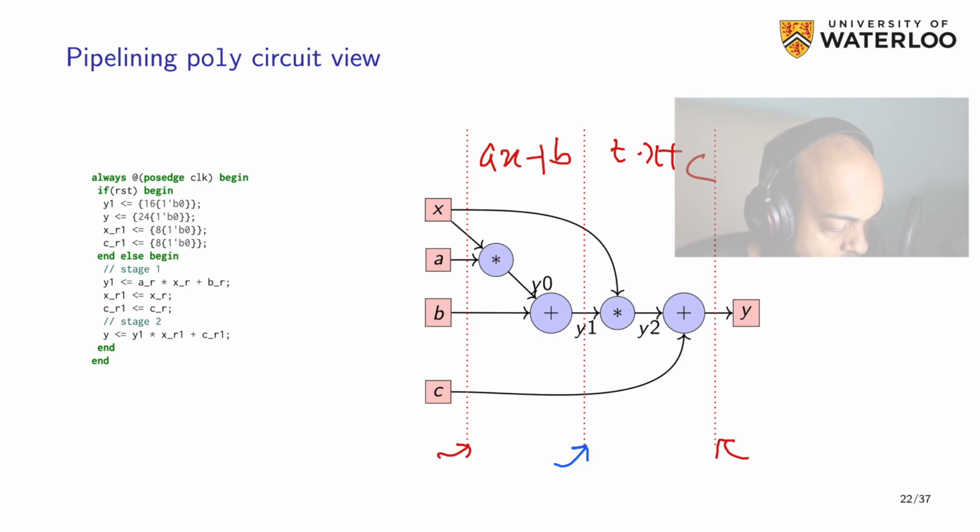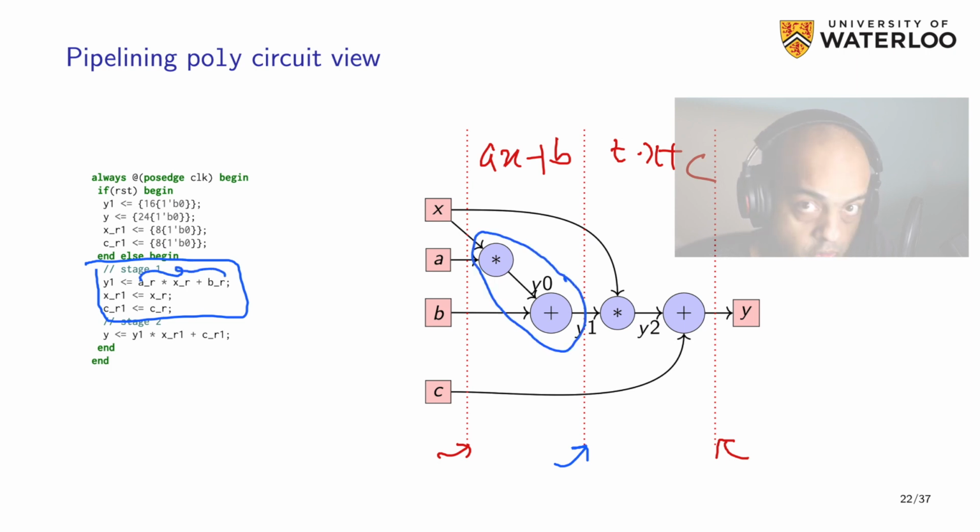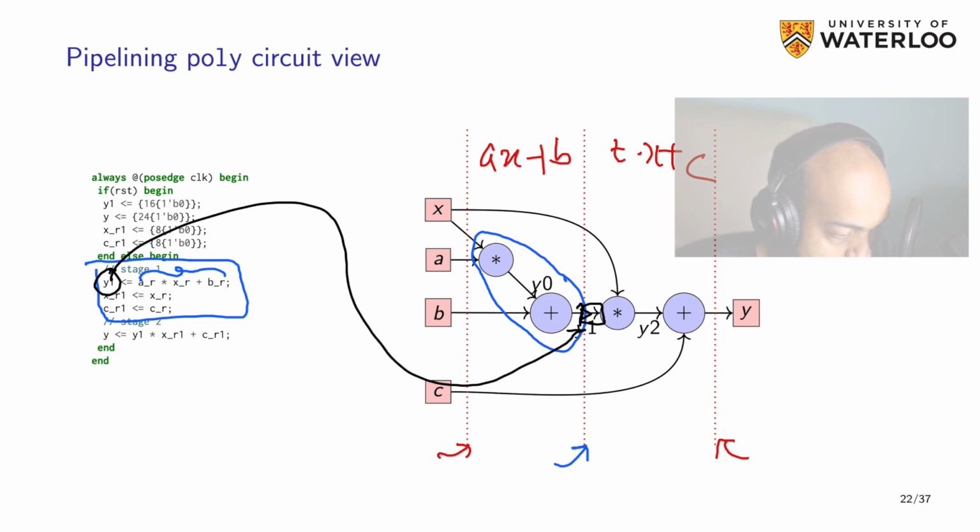Okay. So again, if we look at our code here, our stage 1 code is going to do EX plus B, right? This whole operation in that one line of code, right? So that whole one line of code is going to produce Y1, which is your result. And that's going to be this chunk of registers here, right? So this Y1 is going to correspond to this chunk of registers here. And then in stage 2, all you have is this second set of multiplies and adds.